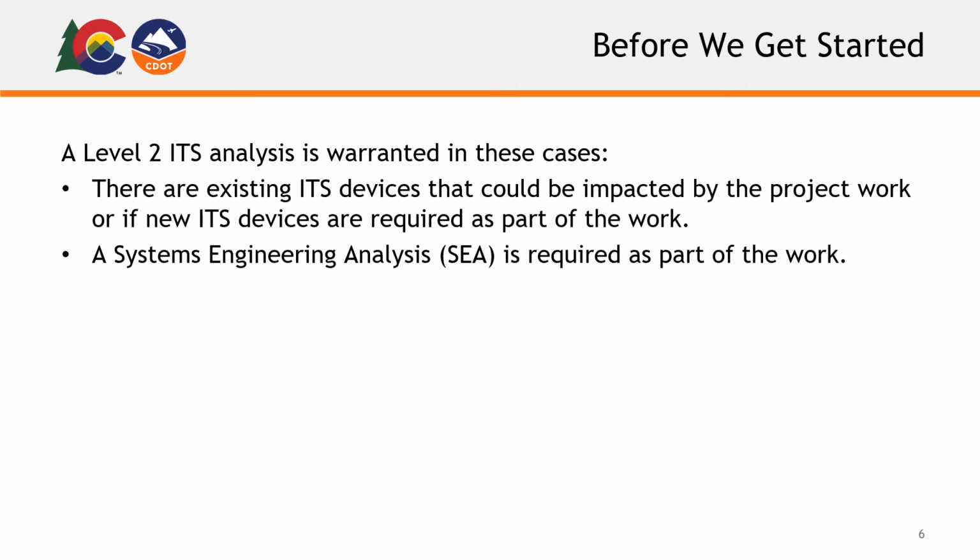A Level 2 ITS analysis is warranted in these cases. There are existing ITS devices that could be impacted by the project work, or if new ITS devices are required as part of the work. A systems engineering analysis, or SEA, is required as part of the work.